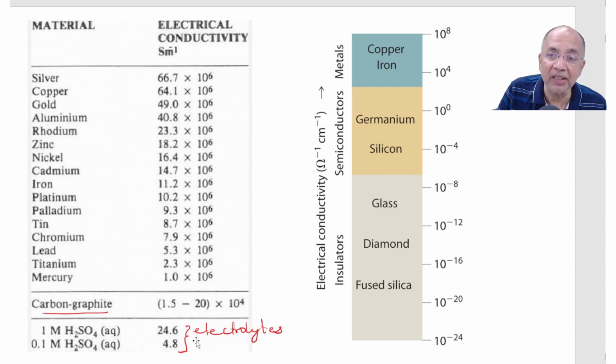And you find germanium and silicon fall into the intermediate type, 1 to 10 to 10 to the minus 4 usually. And these are the materials which have almost no conductivity, insulators.